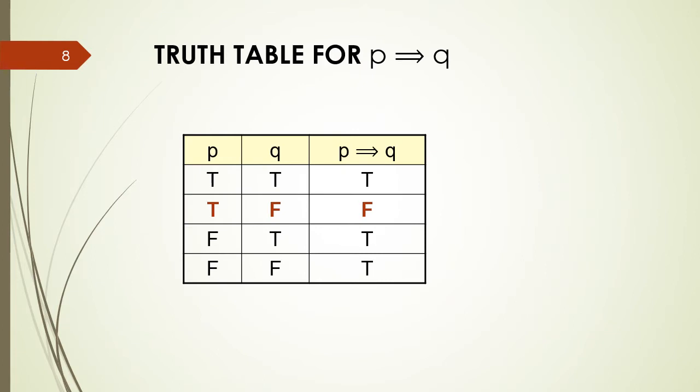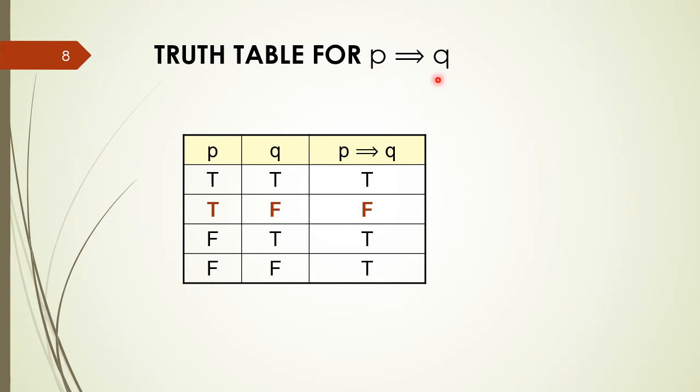In order to construct the truth table for the logical conditional statement, the number of all possible input combinations of truth values is 4 because there are two variables in the logical expression.